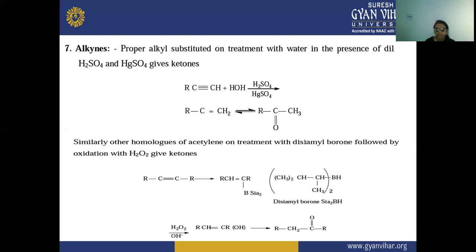So this is your alkyne, and it forms this alkenyl borane, and after reacting with peroxide, there is a formation of this alkenyl alcohol, and after that again it is converted and there is a formation of this ketone.